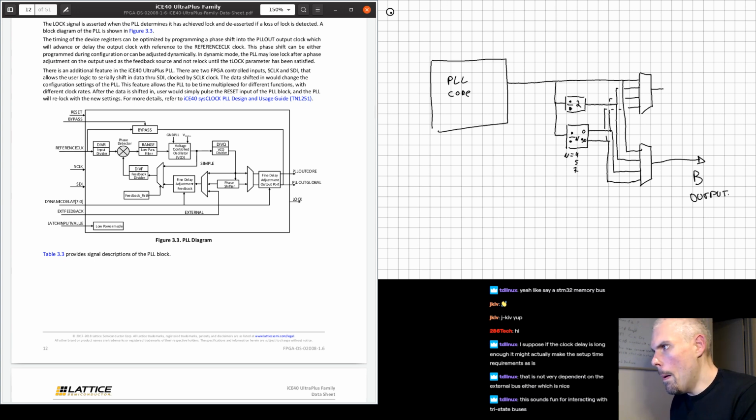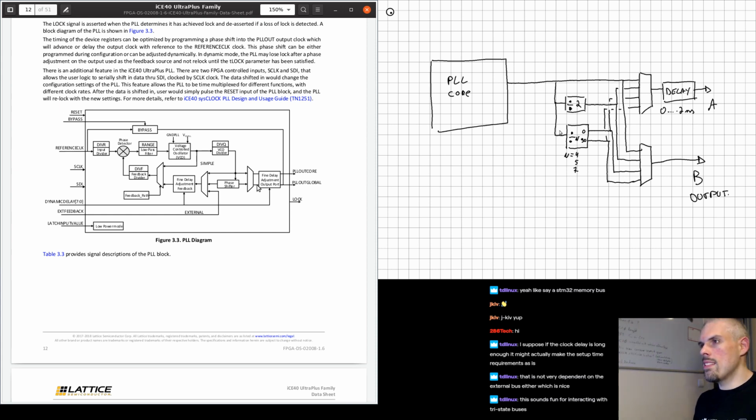And the A output has a delay, which is programmable between 0 and roughly 2 nanoseconds. That's the A output. So that's how the PLL really works.